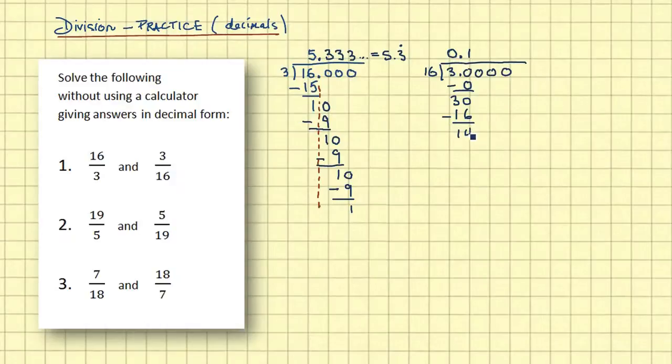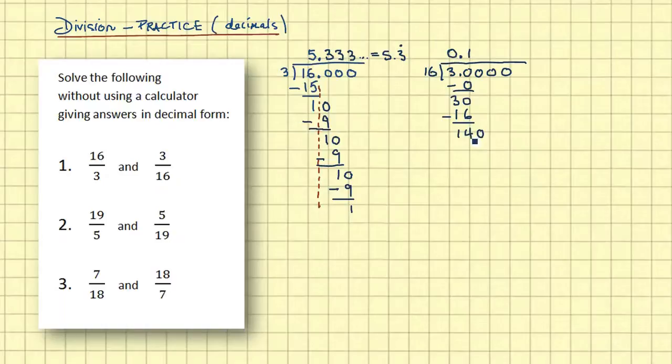All right, 14 divided by 16 is the next thing that we've got to do. And what we've got to remember is that we're actually going to do 140 divided by 16. So always remember to bring down that 0 so that we've got a large number here that we're going to try and find.